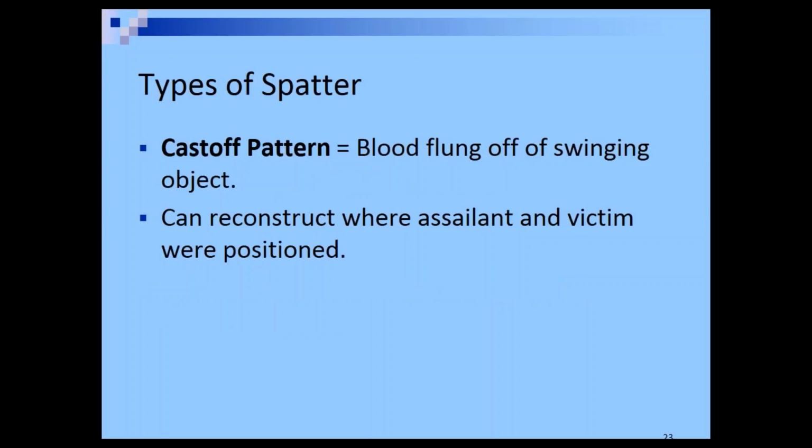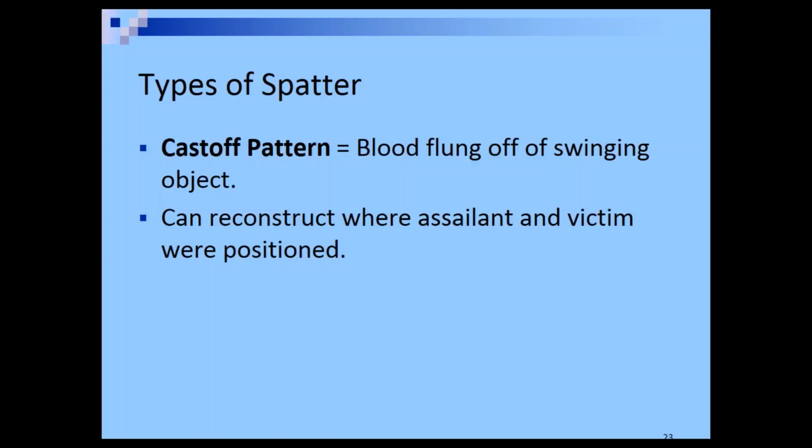Okay. Cast-off pattern is something similar. With cast-off pattern, it's not a bunch of little liquid balls from one impact, but imagine you're swinging a knife through the air that has blood on it. As you swing it, there may be 7 drops that come off of it, but they all come off at a different time. So you start to swing it and one blood drop flings off the tip. You continue swinging and the 2nd, 3rd, 4th, 5th, 6th, 7th come off.